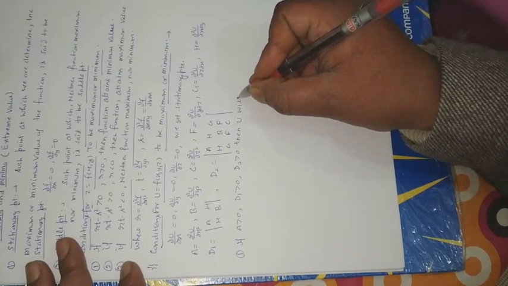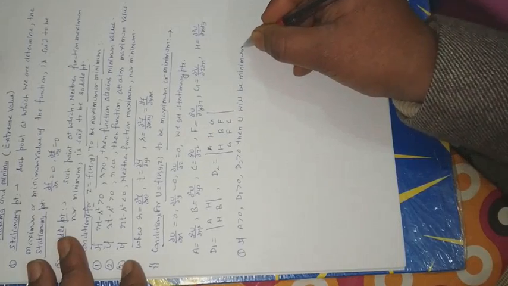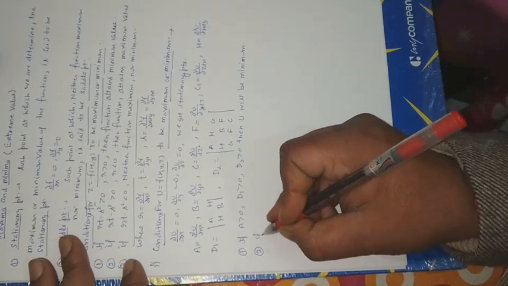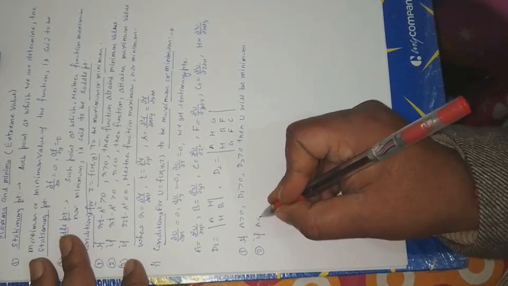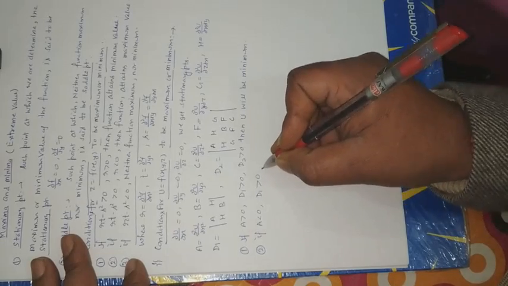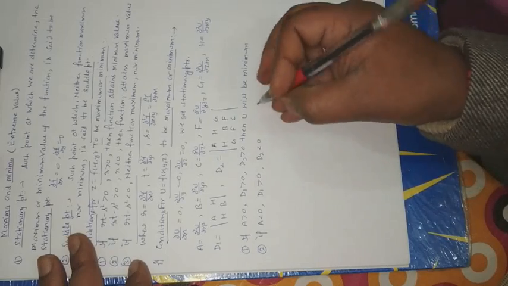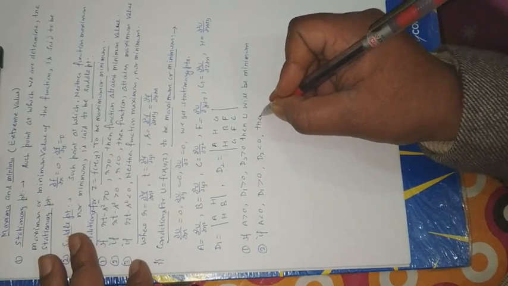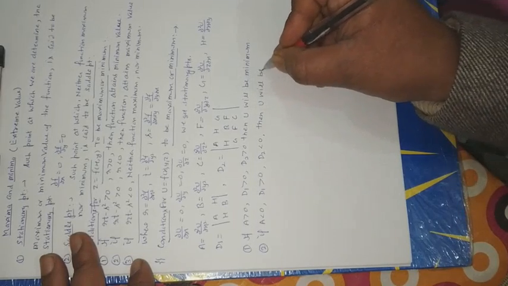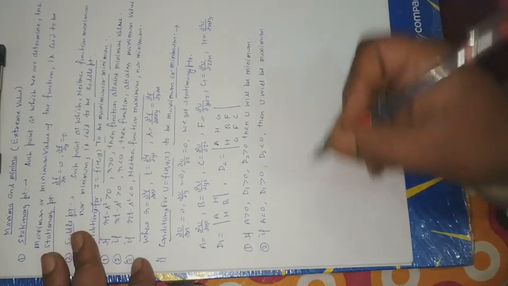Now second condition: if capital A is negative, capital D1 is greater than 0, but capital D2 is negative, then u will be maximum. Okay, student?